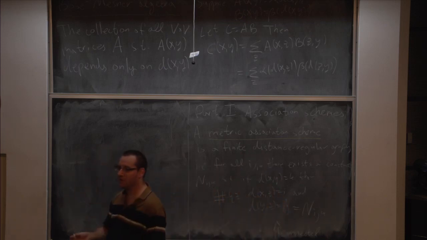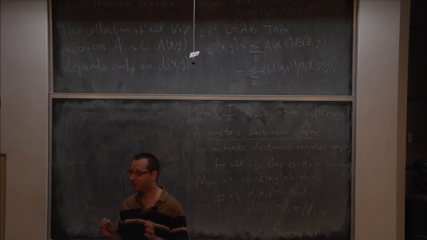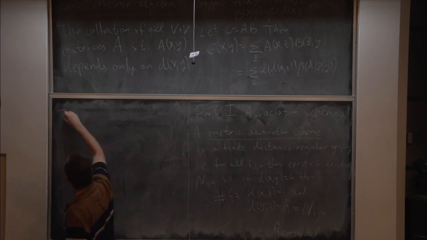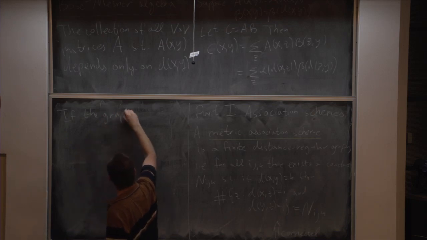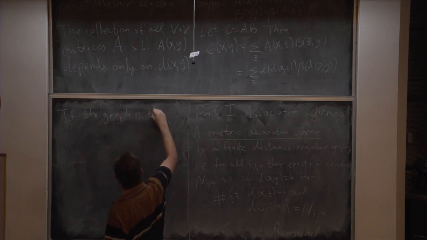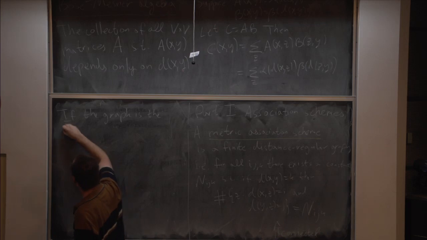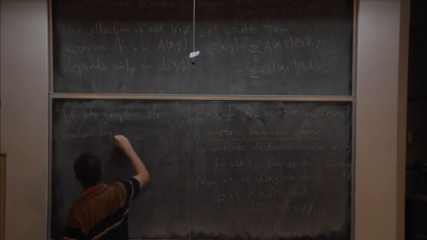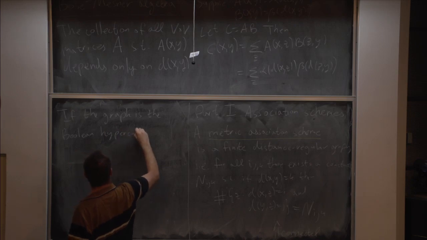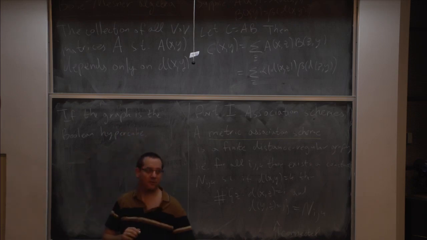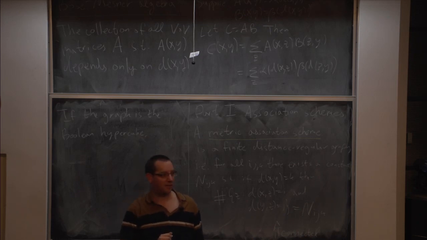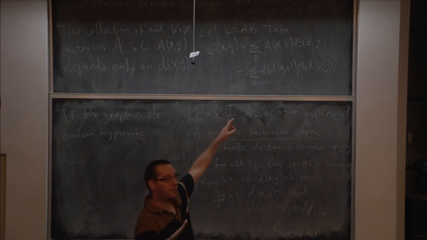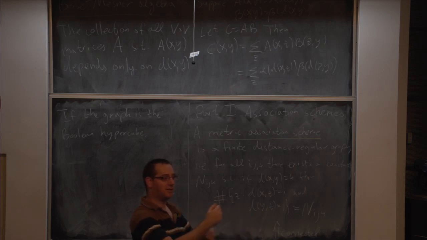Now in the particular case of the Boolean hypercube, you can see it from the formula here, because distance is symmetric.